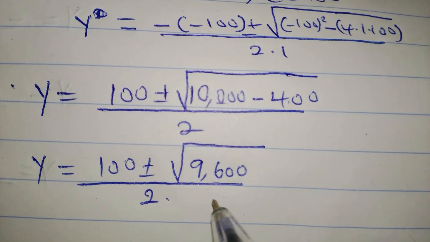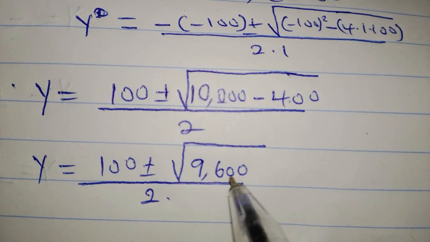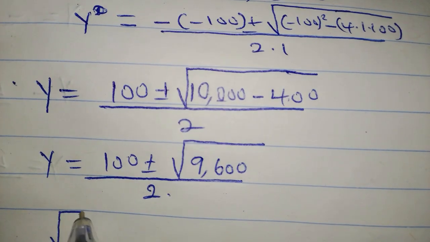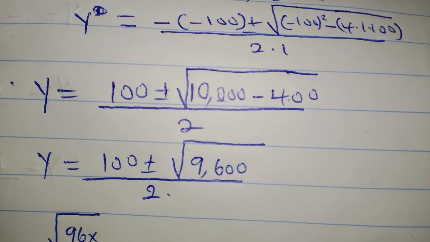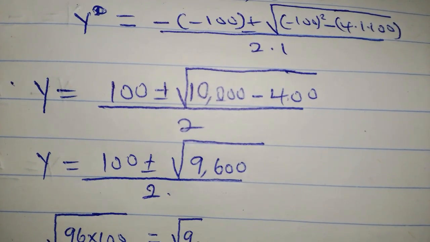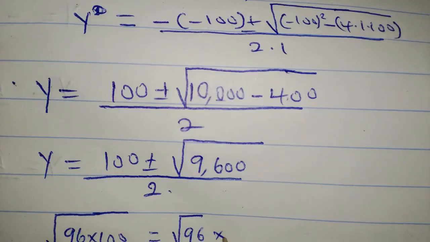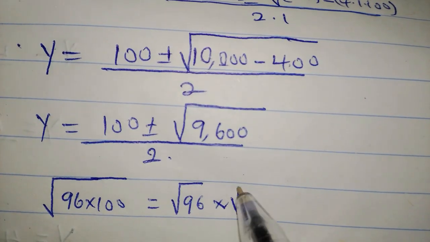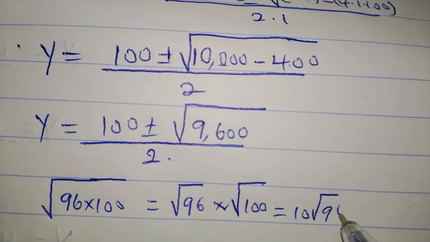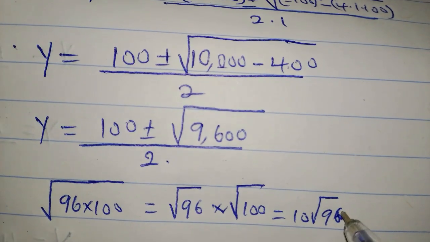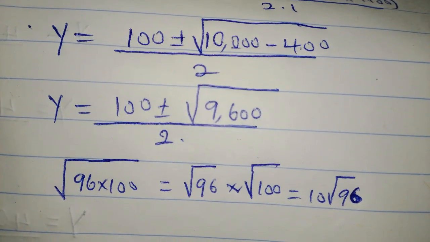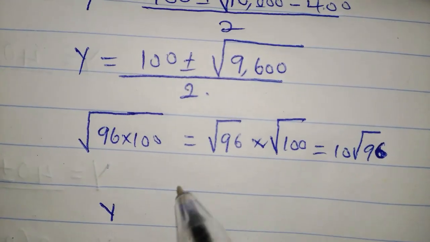Okay, so 9,600 can be broken down. 9,600 is also equal to root 96 times root 100, which is equal to 10 root 96. Okay, 10 root 96.